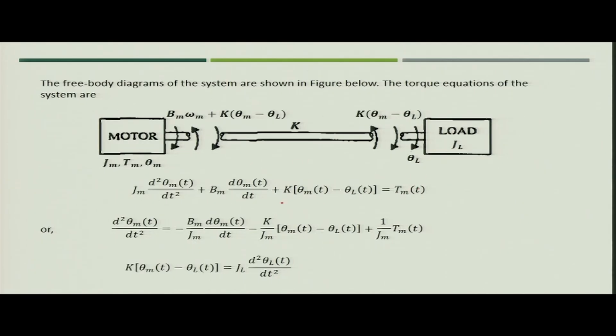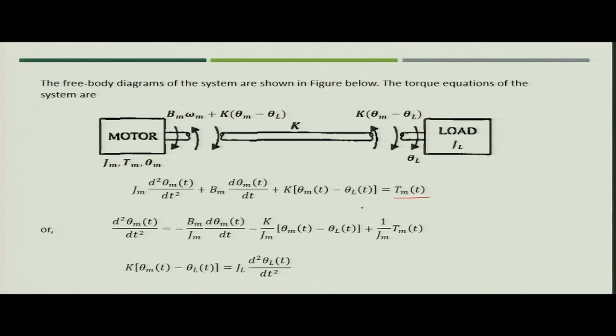When you rearrange, you take Tm on the right side and the other components on the left side. So, the equation from the motor side you can write as Jm d2 theta m by dt2 plus Bm d theta m by dt plus K times theta m minus theta L equals the torque applied by the motor.